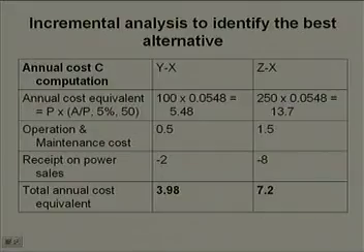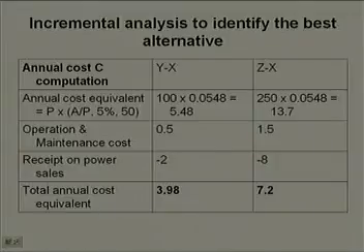So just see this particular slide. This slide is showing you the incremental analysis. In this, I am finding the B by C ratio of the additional investment that I have to make if I choose Y over X. X is costing me in the beginning 250, Y is costing me in the beginning 350 million.